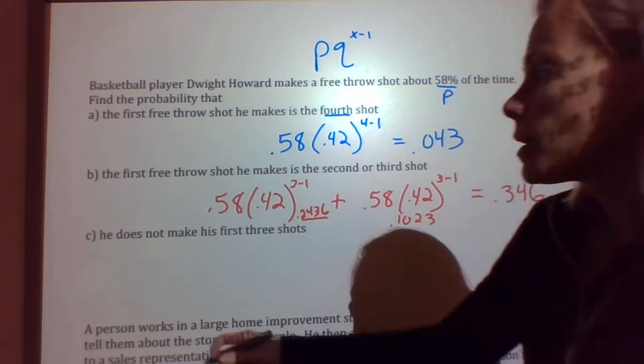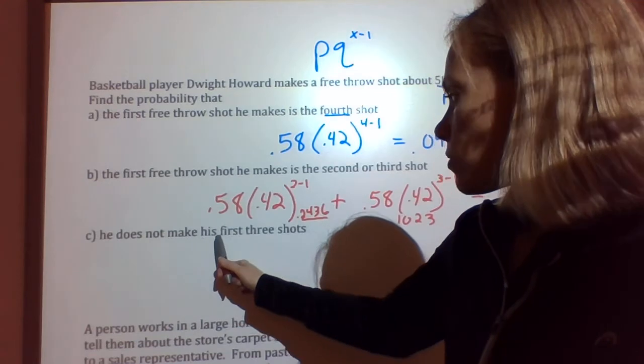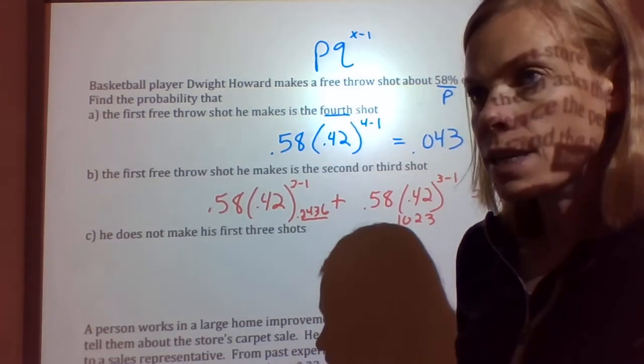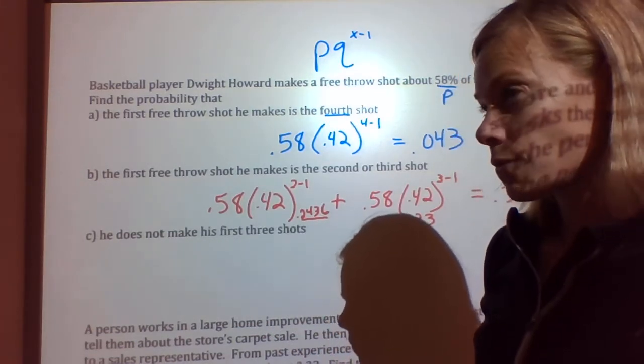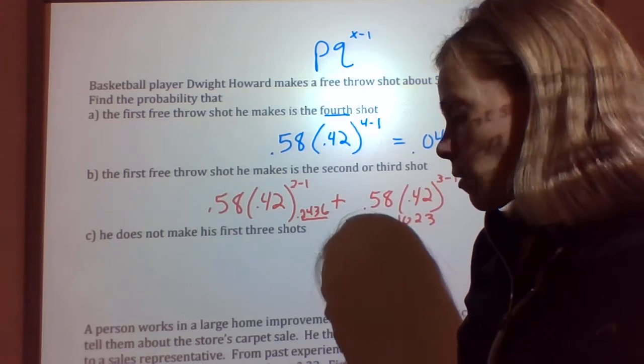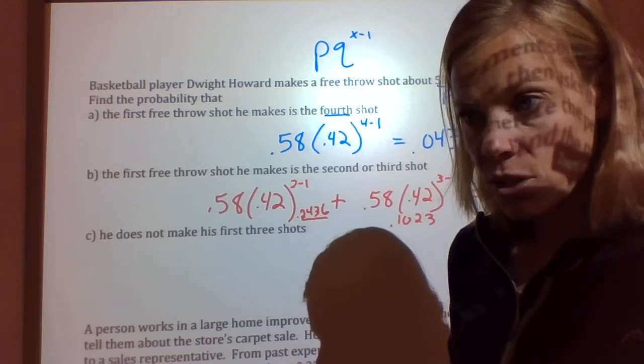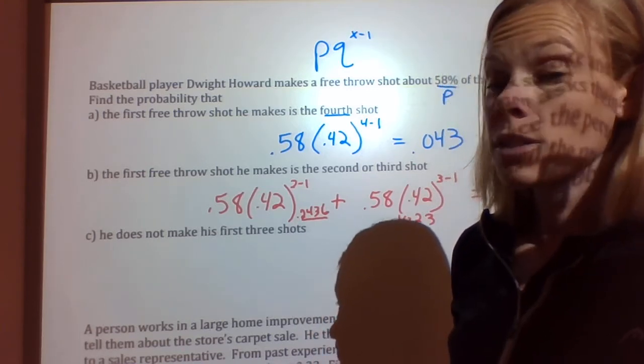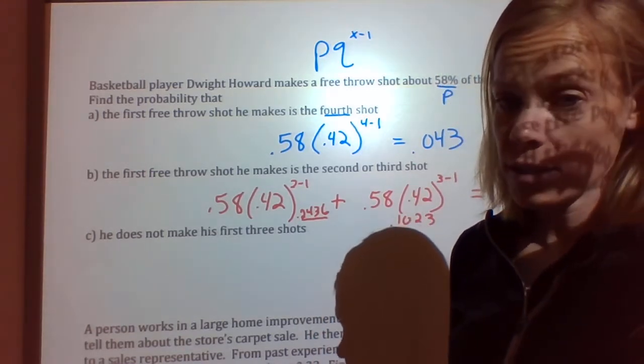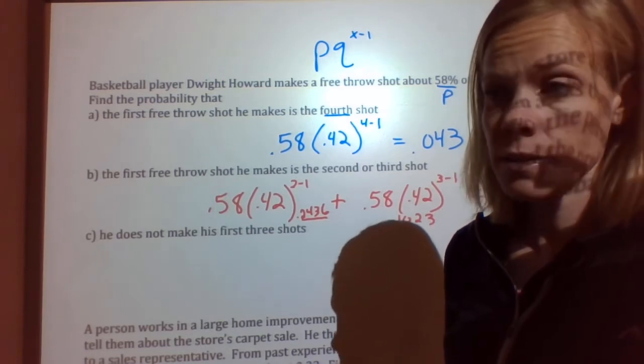He does not make his first 3 shots. If he doesn't make his first 3 shots, what does that mean? His first success is maybe the 4th shot, or if his first success is the 5th shot, did he still miss the first 3? Yes.